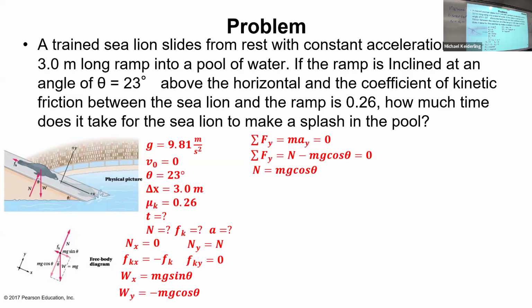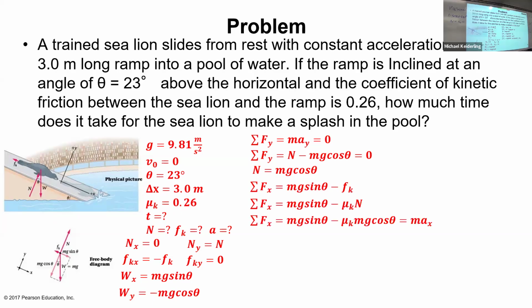Now, we can use our formula for kinetic friction. Our forces in the x direction are mg sine theta minus kinetic friction. So mg sine theta minus mu kinetic times the normal force, so mg sine theta minus mu kinetic mg cosine theta, and that equals mass times acceleration in the x direction.